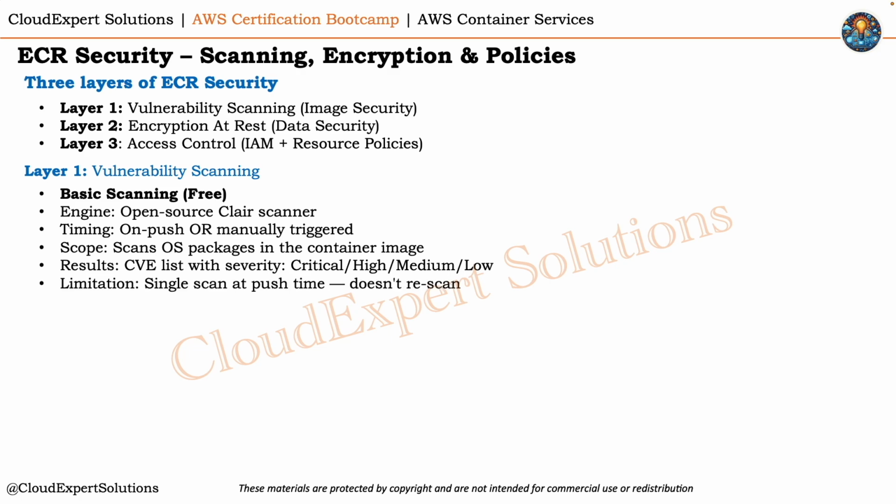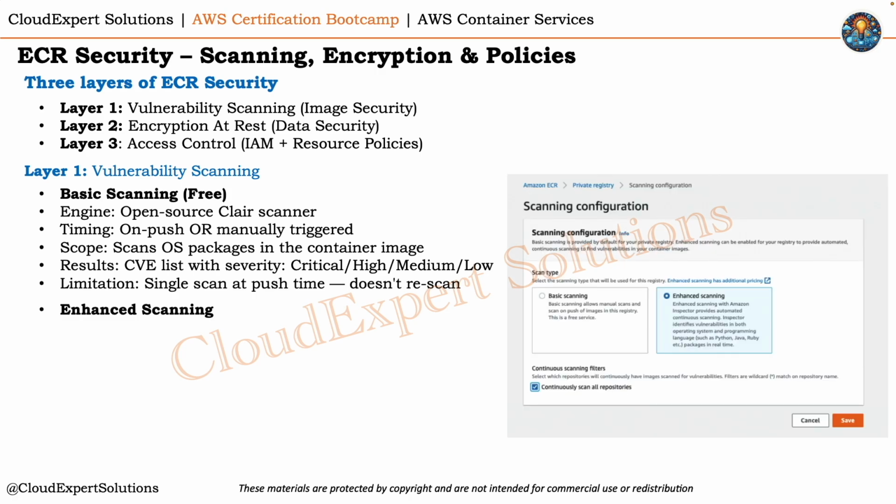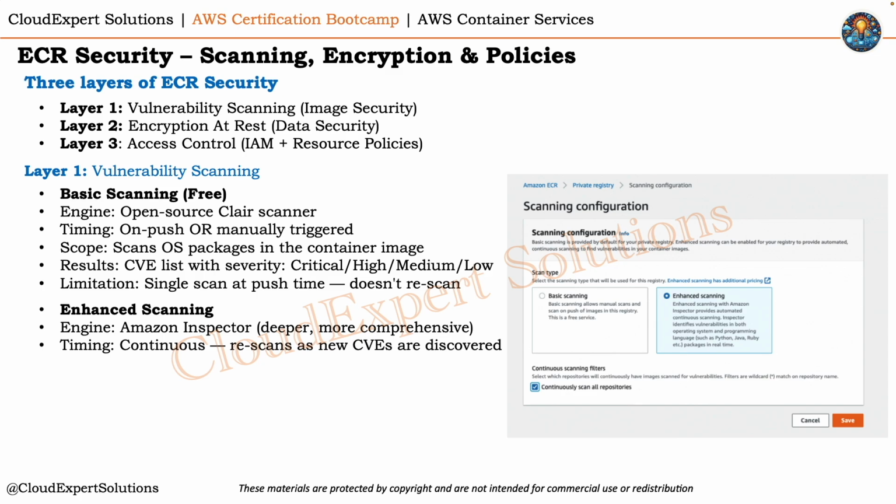The key limitation is that basic scanning is a single point-in-time check. An image that was clean and checked last month might now have vulnerabilities because new CVEs were published after you pushed that image. Enhanced scanning solves this issue. It uses Amazon Inspector and continuously rescans images as new CVEs are discovered, even images you pushed weeks ago. It also scans application dependencies like npm packages and Python libraries, not just the OS packages.